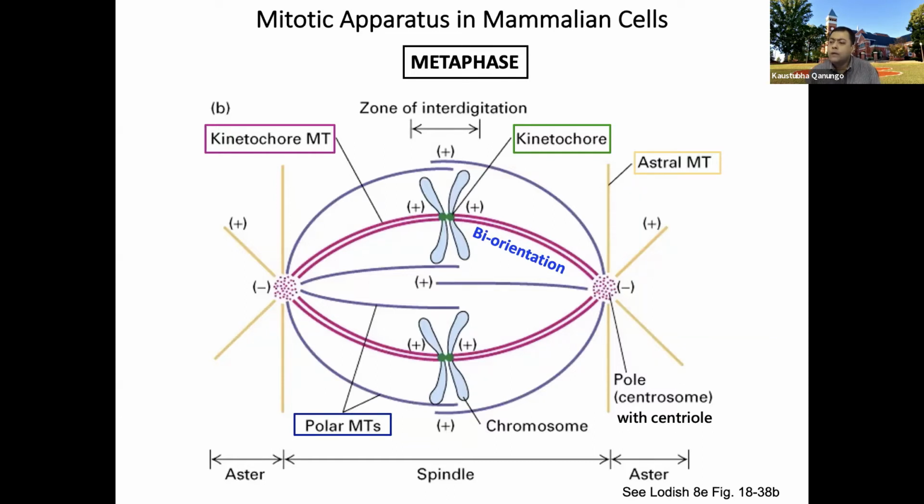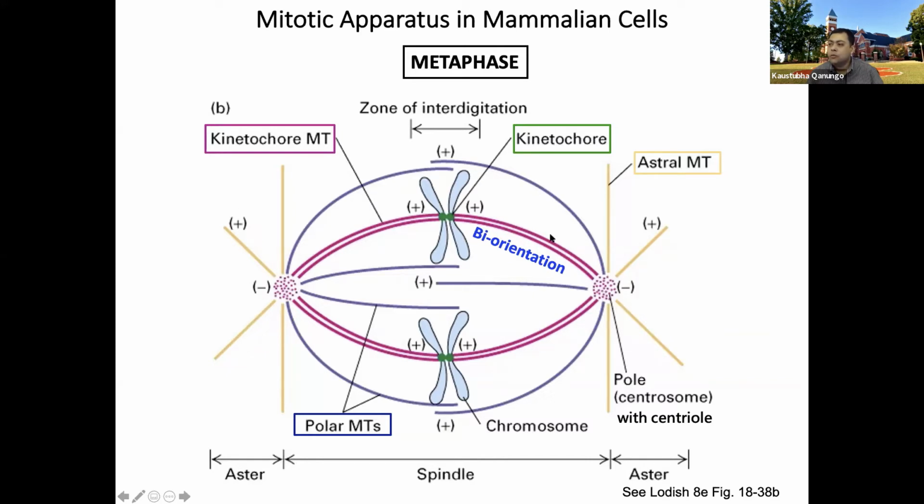One of the important things that you have to understand here is that all of these microtubules have a very specific orientation. Towards the spindle pole, all their minus ends are directed. Away from the spindle pole, going towards the periphery of the cell, they are plus-ended.